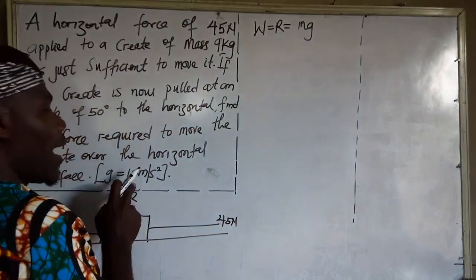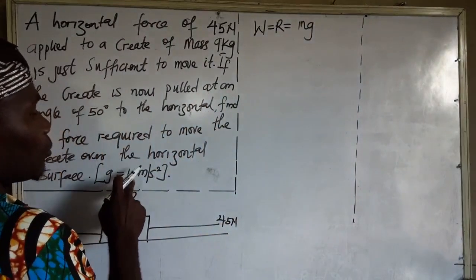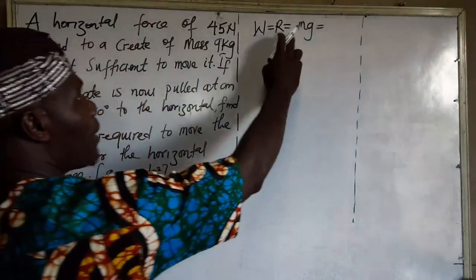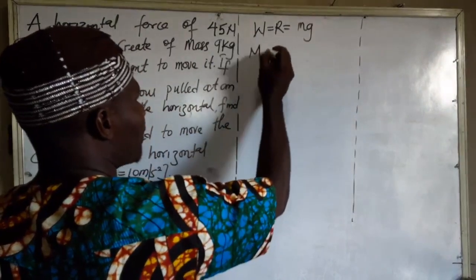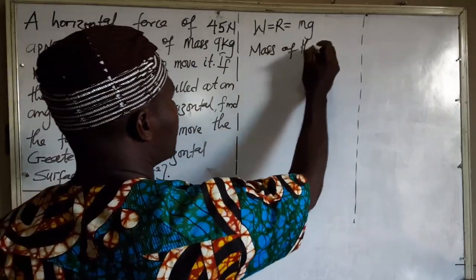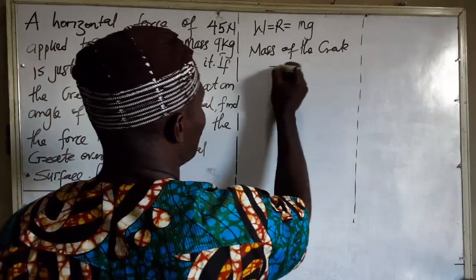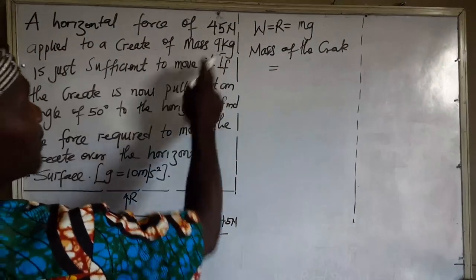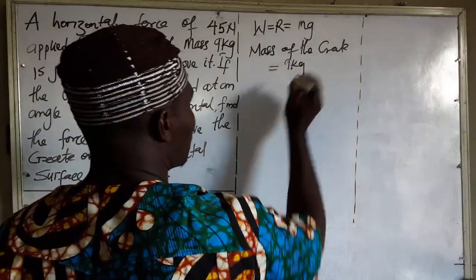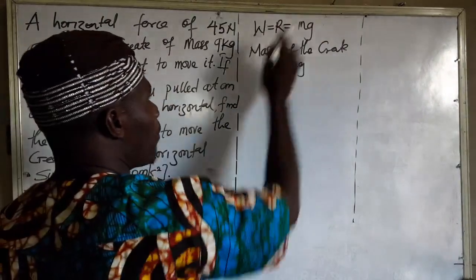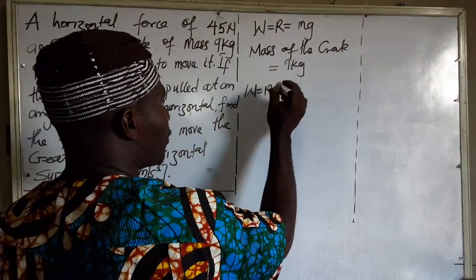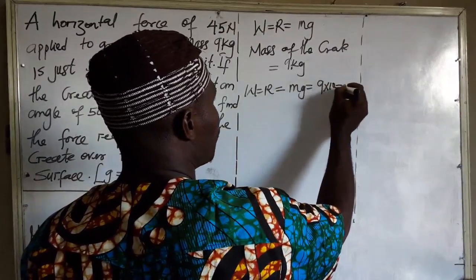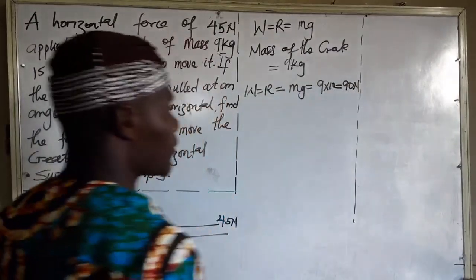We are given g, acceleration due to gravity, as 10 meters per second squared, and the mass of the crate is 9 kg. So to get the value of the weight, which is equal to the reaction, mg is 9 times 10, which gives us 90 Newton.